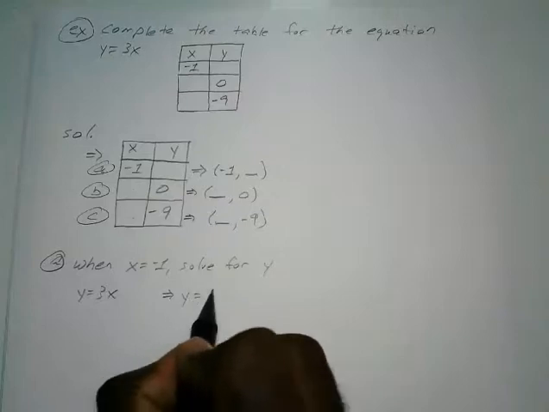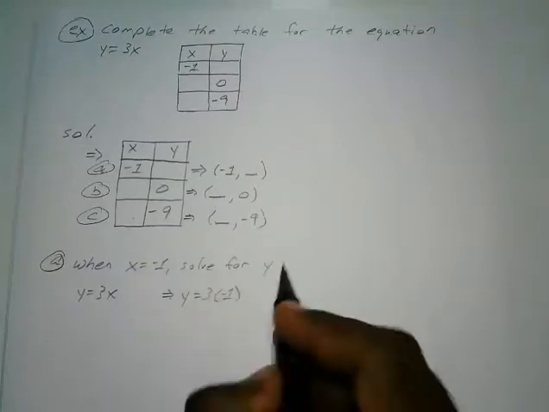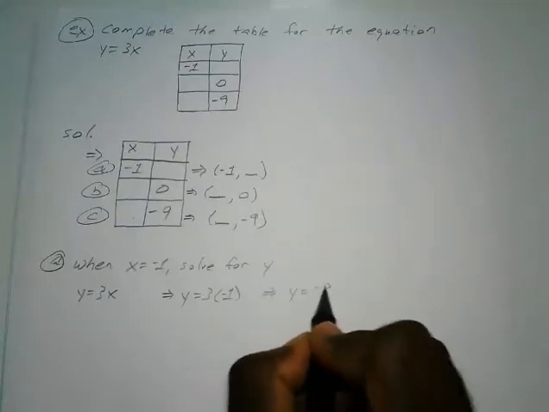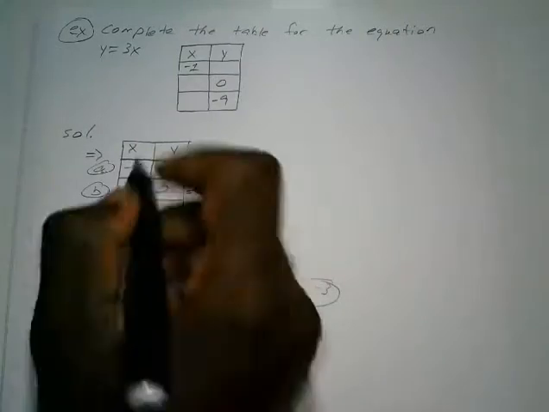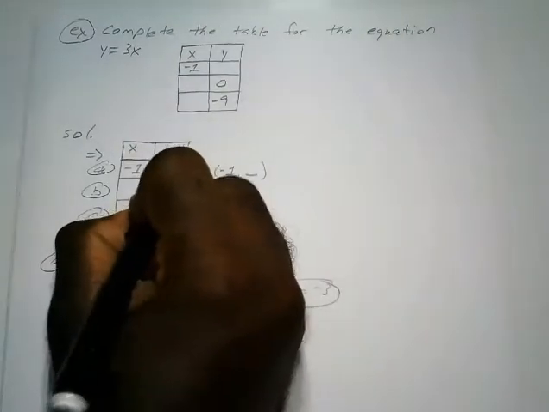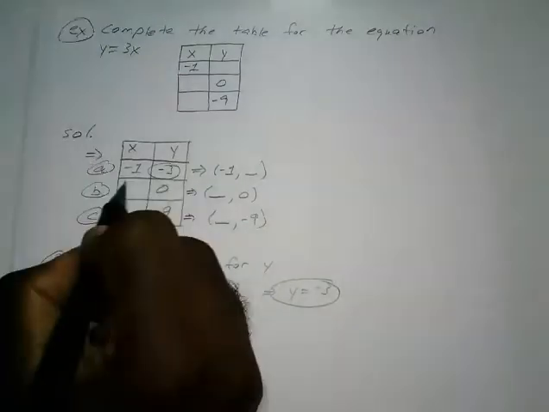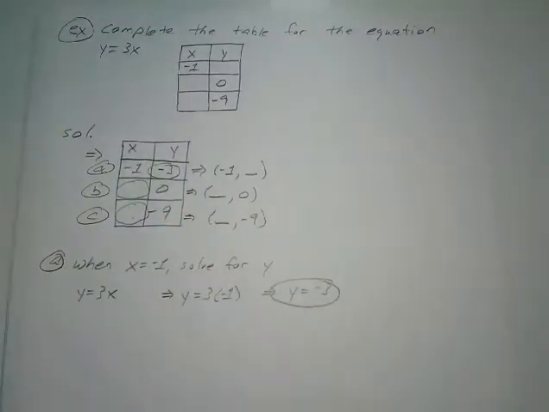So that means y equals 3 times -1, so in other words, y equals -3. So in this one here, we know we're going to put in -3. Okay, so we're going to do the same thing here, and the same thing here.